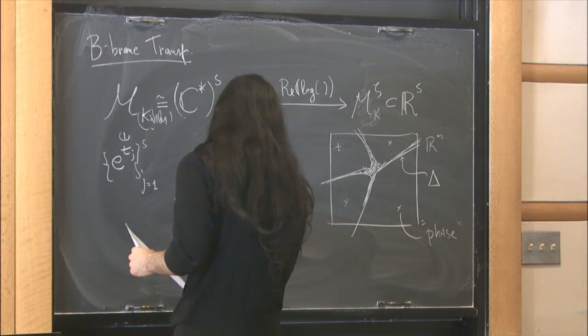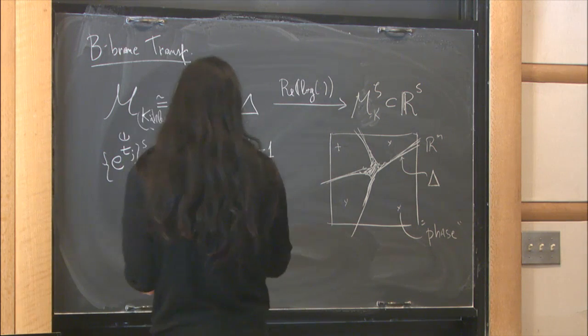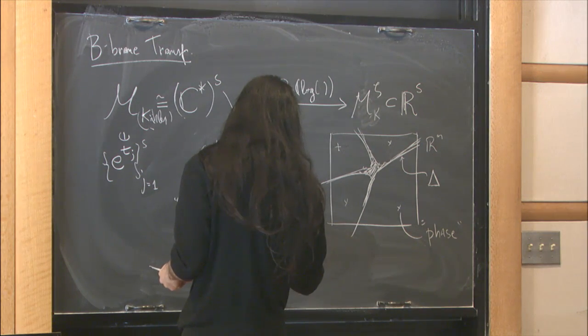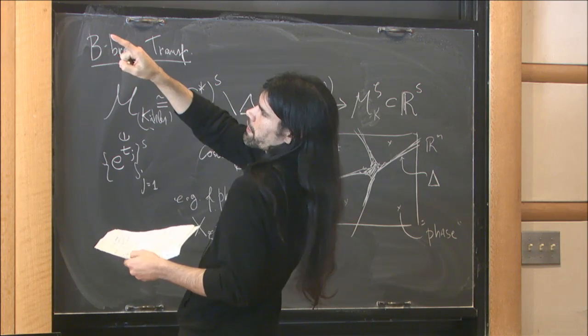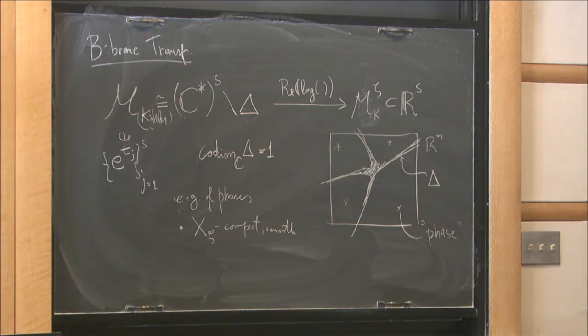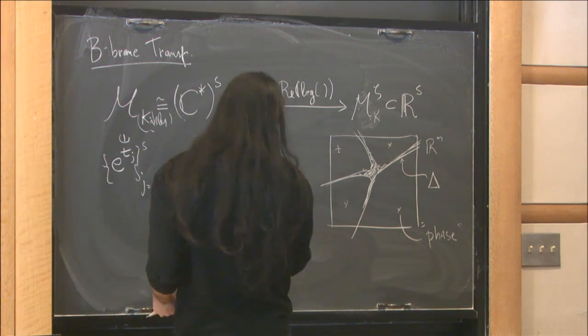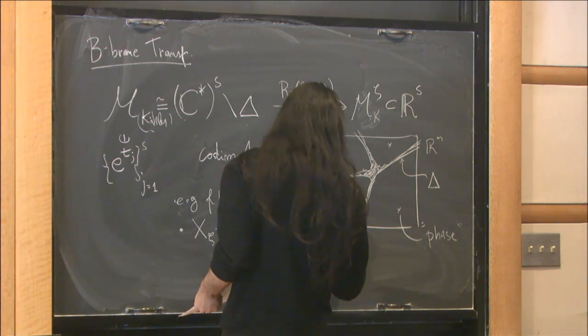You look at this variety, and for example, if it is compact and smooth, and the SLV landing guarantees that it will actually be a Calabi-Yau, that's why it's called the Calabi-Yau condition, then this is what we call a geometric phase.